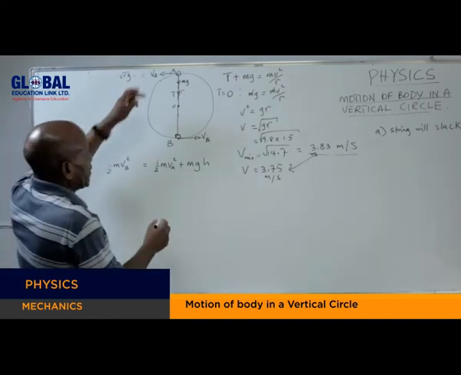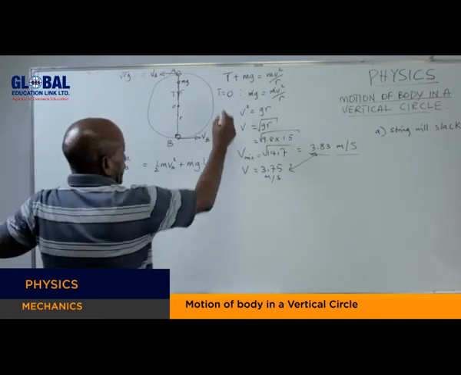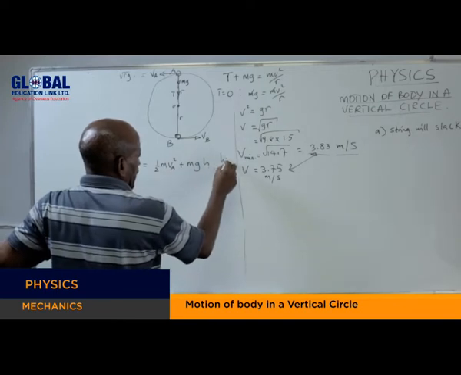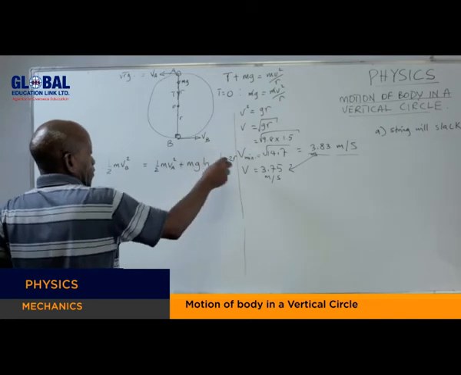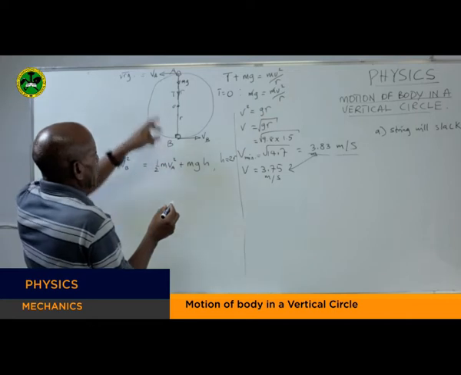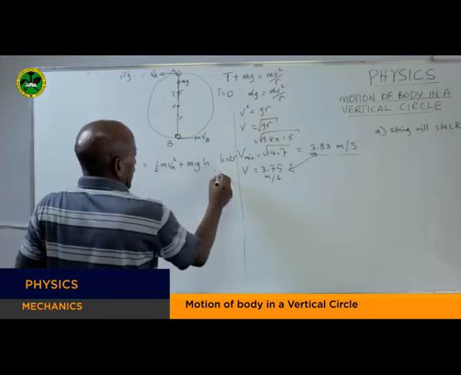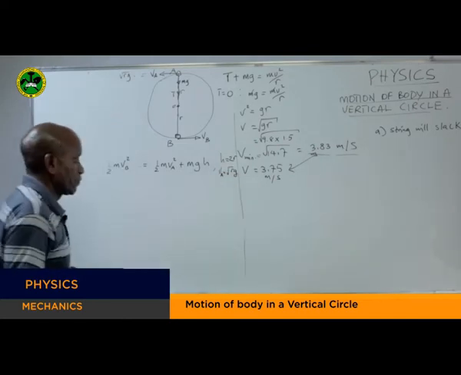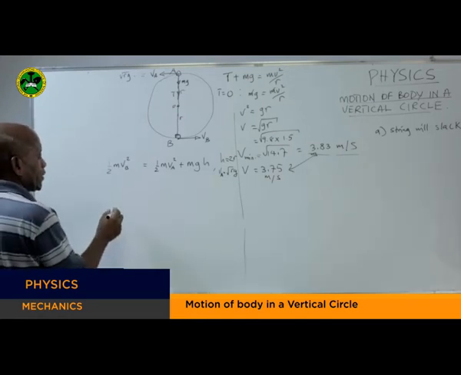But remember, the height at the top is equal to twice the radius, because this radius plus this radius is equal to 2r. And the velocity VA at the top is just equal to the square root of rg. So we need just to substitute and see what we get.